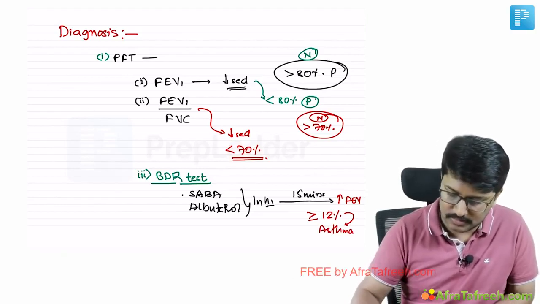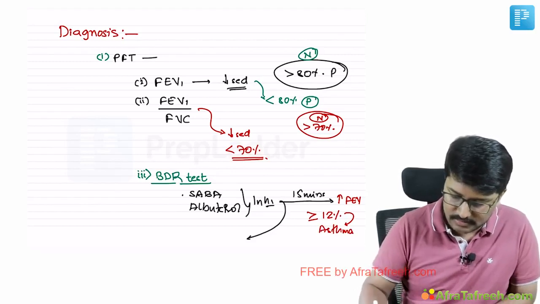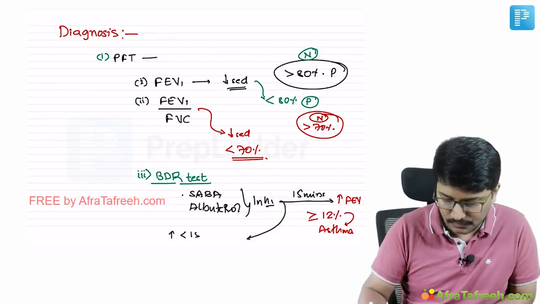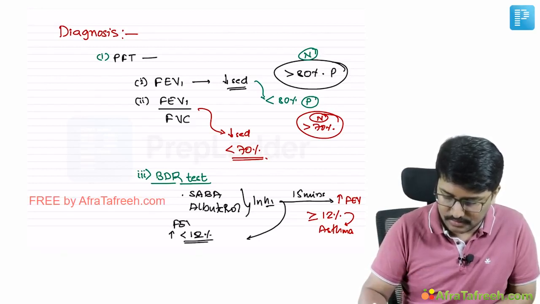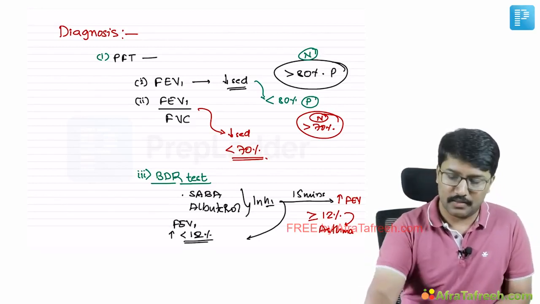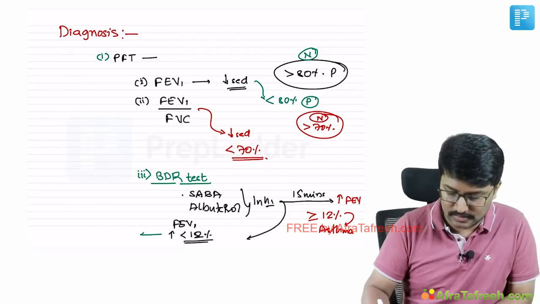And if the FEV1 increase is less than 12% from the baseline before the bronchodilator reversibility test, then you will consider this case as COPD.